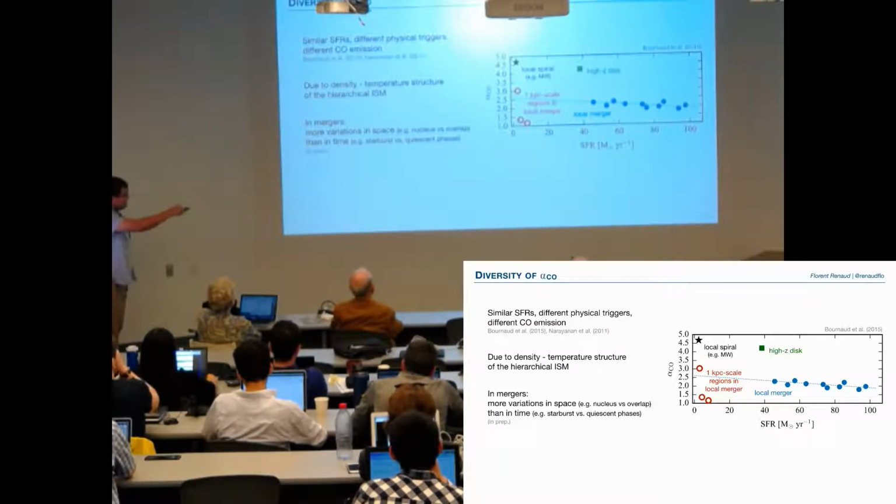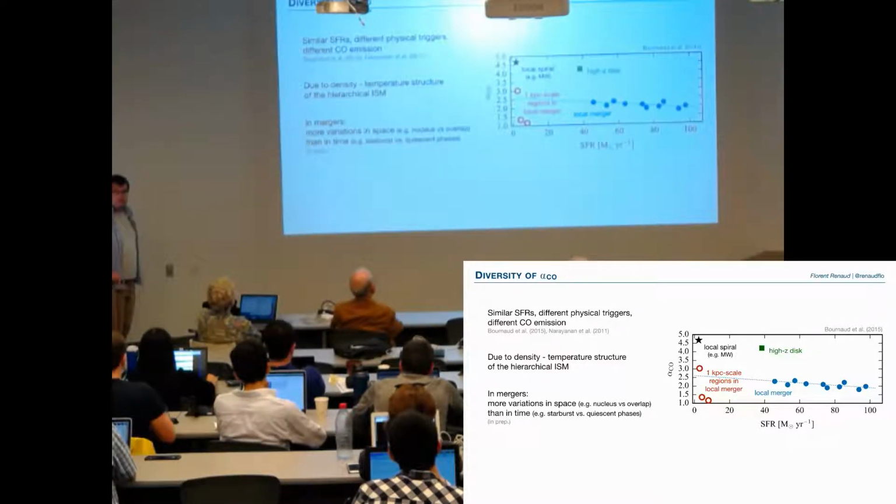So keep in mind these are not the same scale, but still the conclusion holds. And I think this is very worrying for the interpretation of observations, because you can have huge variations that are due to the underlying physics of star formation and that we don't really understand yet.